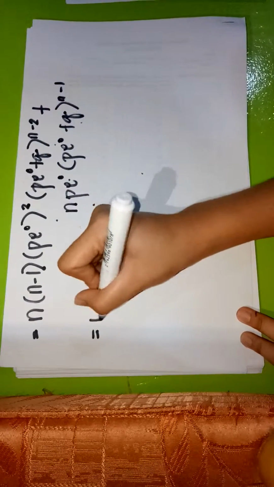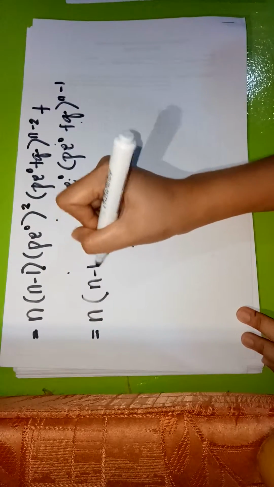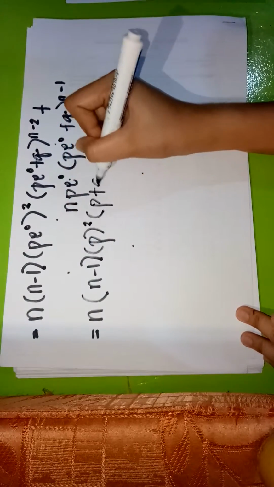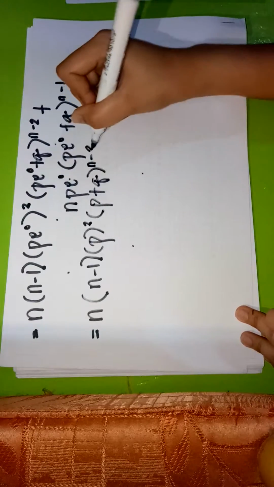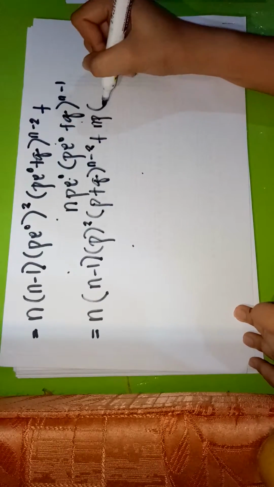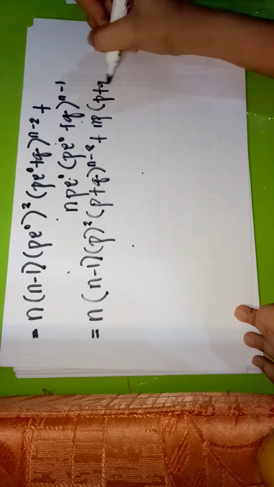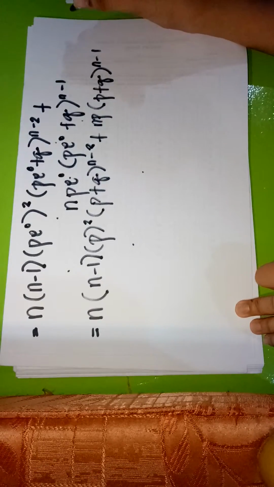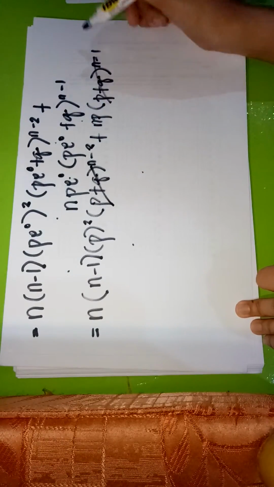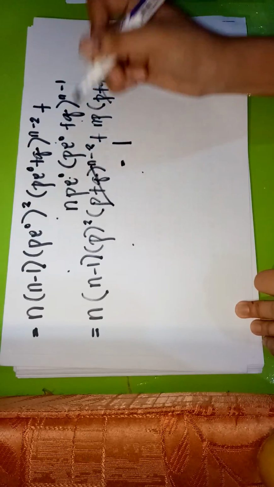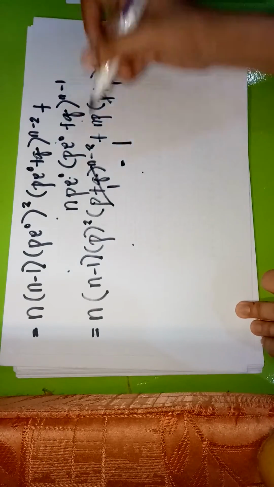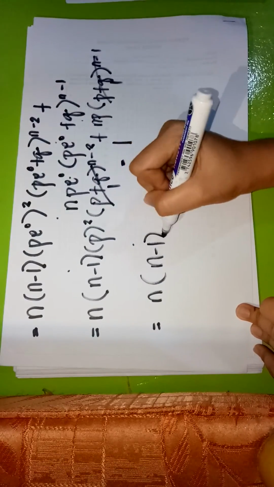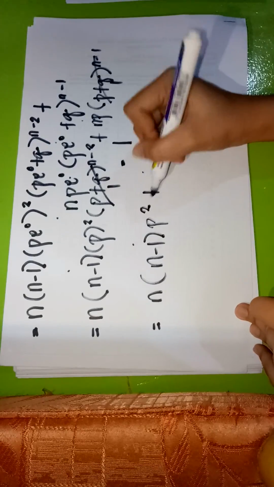So we will get n times n minus 1 times p squared times quantity p plus q, to the power of n minus 2, plus np times quantity p plus q, to the power of n minus 1. We know that p plus q will be equal to 1. So our final answer will be n times n minus 1 times p squared plus np.